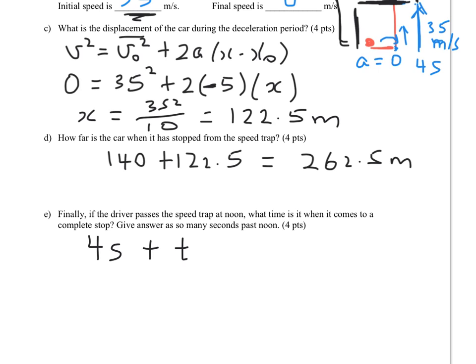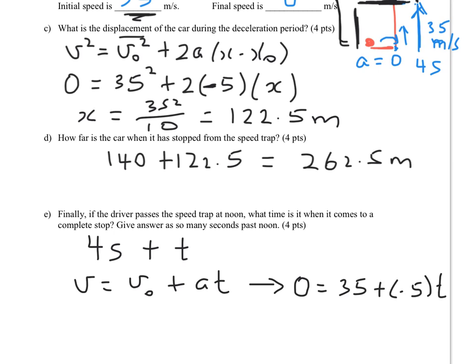The easiest one is to use v = v naught + at. And what this gives you is your final velocity is 0. Your initial is 35. Your acceleration is minus 5, and then t.